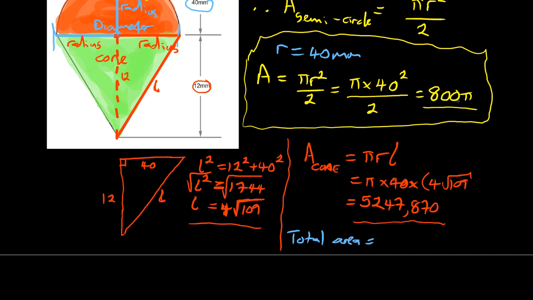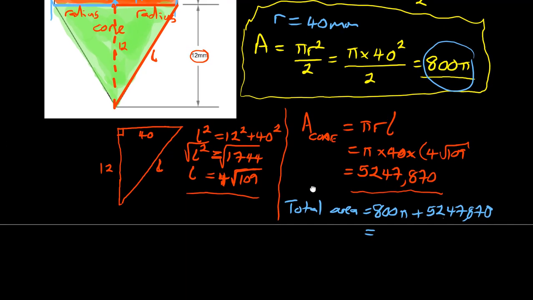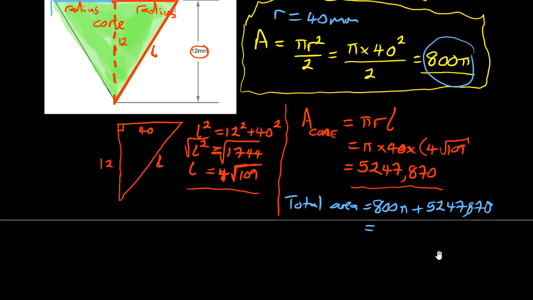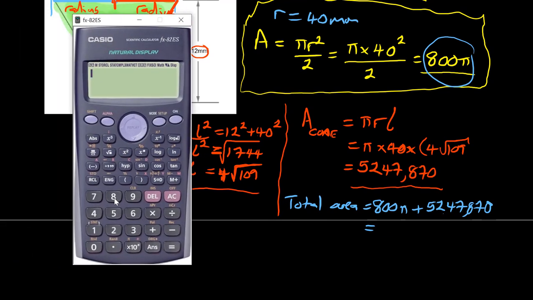Now the total area, I have to add my 800 pi plus, in this case, my 5247.870, and my final answer, when I add that, will be 800 pi, don't forget this has a pi, plus 5247.870.